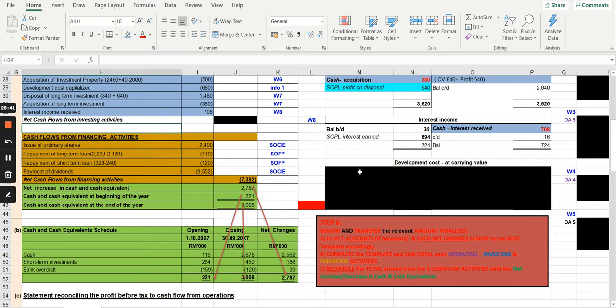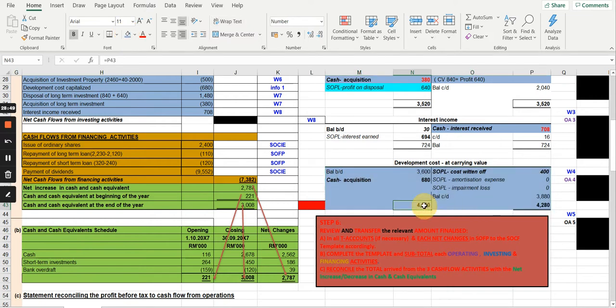All right, and this is just to show you the reconstruction of development cost that I've done. This is not required since it is given, but in case you have a more complex situation where you are also involved with amortization of development costs, and this is at carrying value, maybe you need to consider how to adjust or reconstruct the development cost to arrive at any cash flow movement, either acquisition or any disposal of development costs.